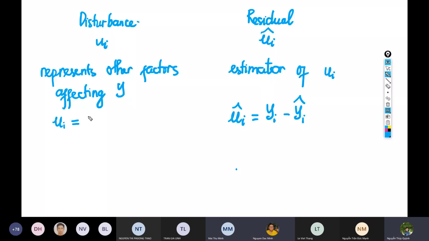No, no, it is not the difference between the observed value and the fitted value. Here is the fitted value. We call y i hat the fitted value or the estimated value of y.